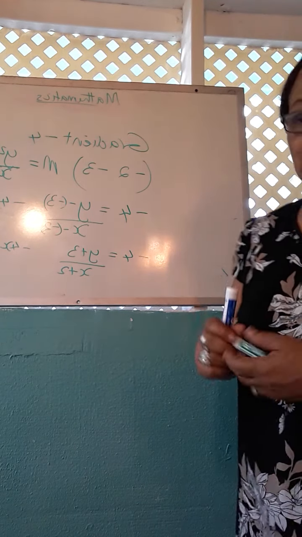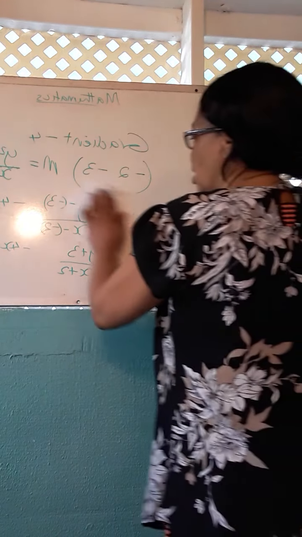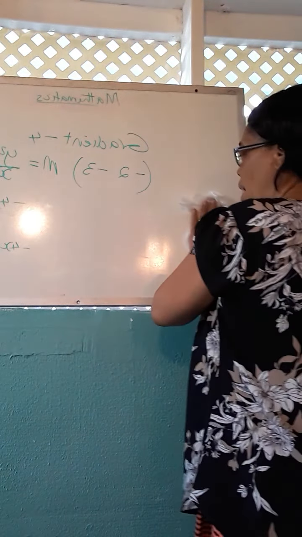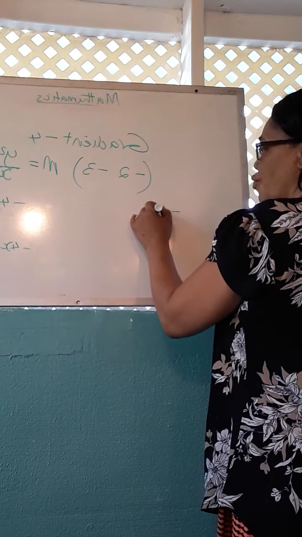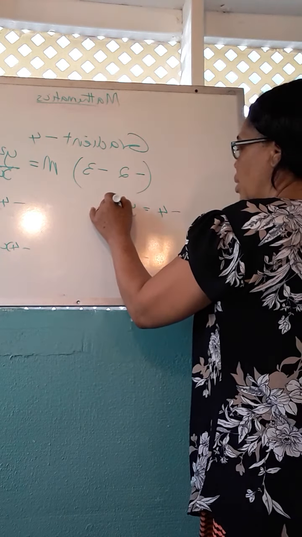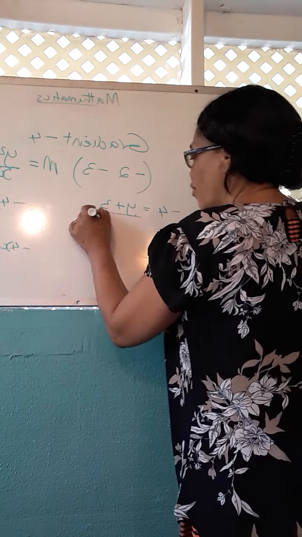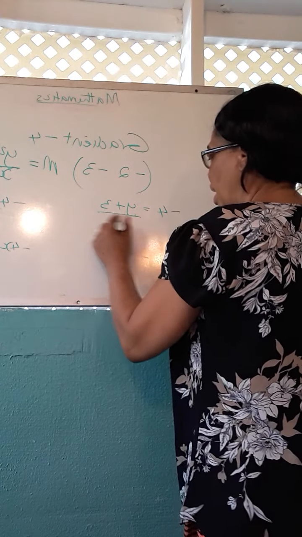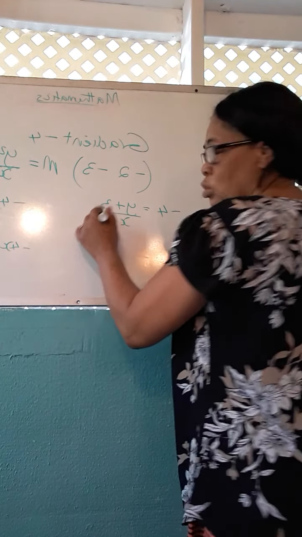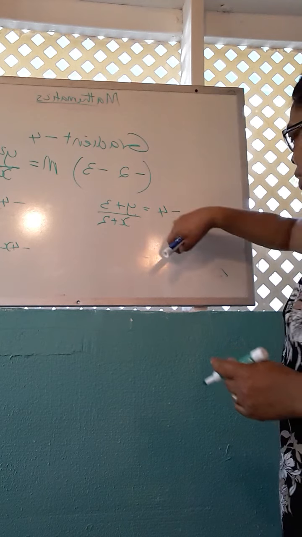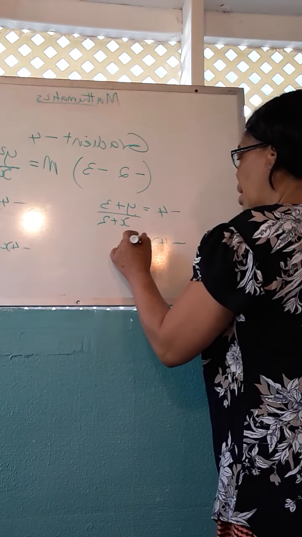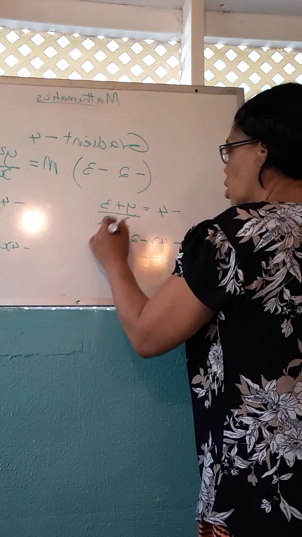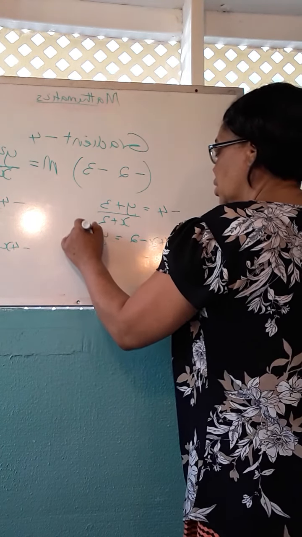Now let me make sure that you're seeing what I am doing here. So let me bring that back over here a little bit. As I said, it's -4 equals y plus 3 over x plus 2. I am going to cross multiply, and so I'm going to get -4x minus 8 equals y plus 3.